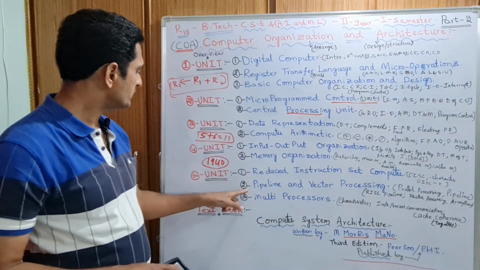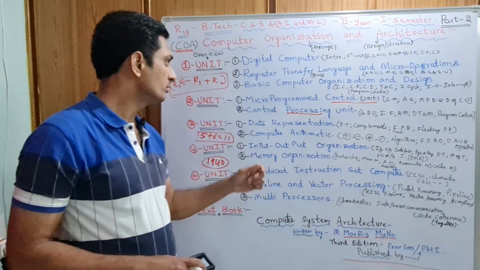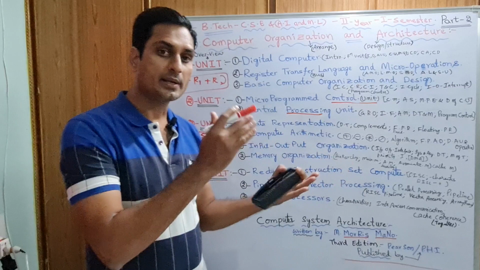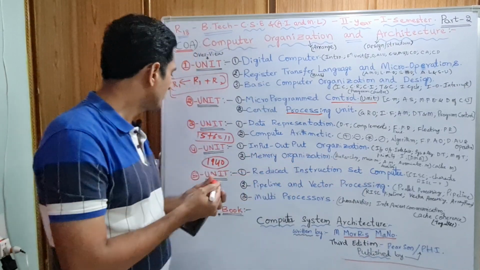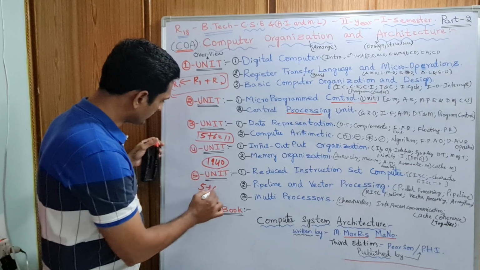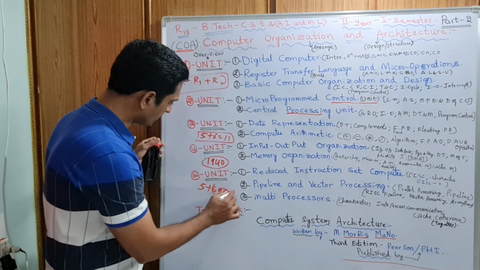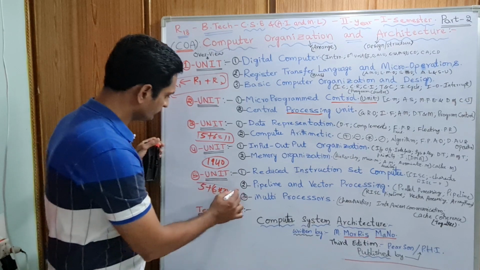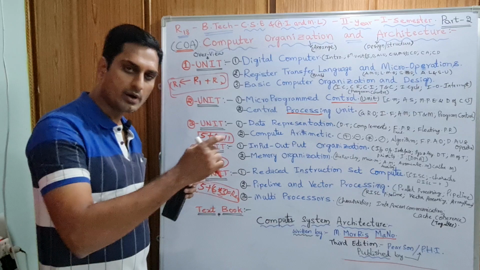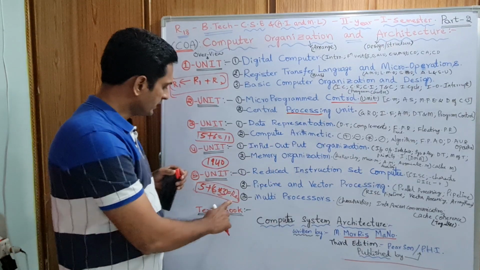And in the 5th unit, the second one is pipeline and vector processing. As I already told you in my previous video, pipeline means pipes will be there, segments, parts. If you are doing a big operation, for example, 5 plus 6 into 3 is equal to some result, first this part will be done in one pipe and second this part will be done in the second pipe.